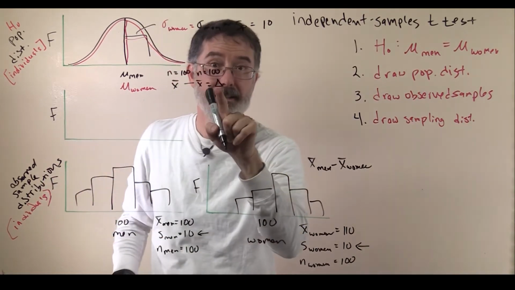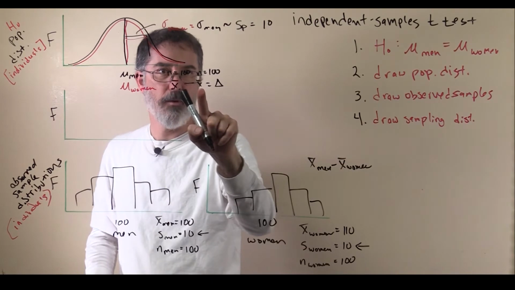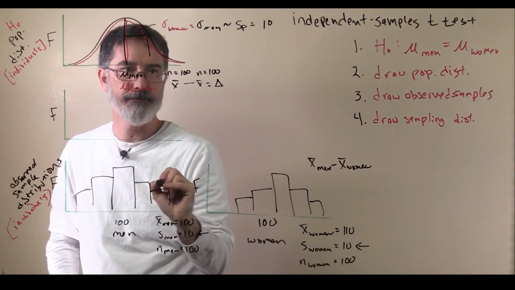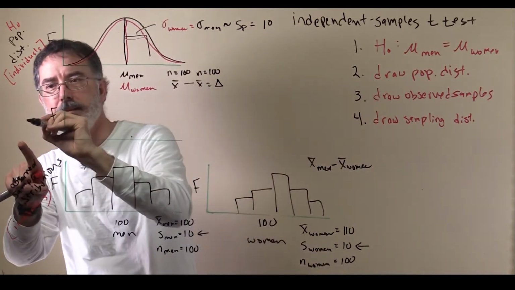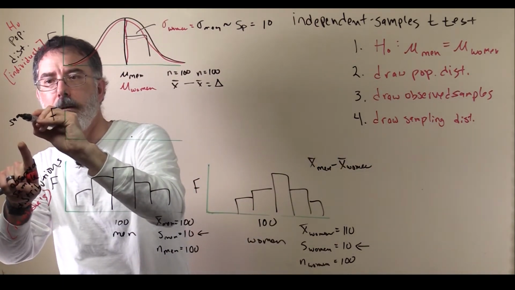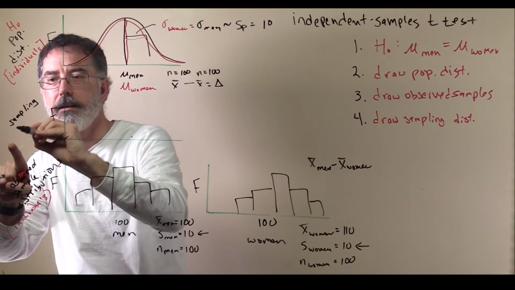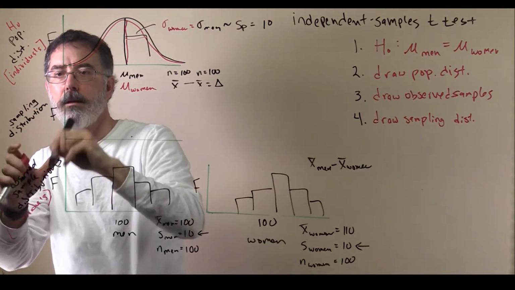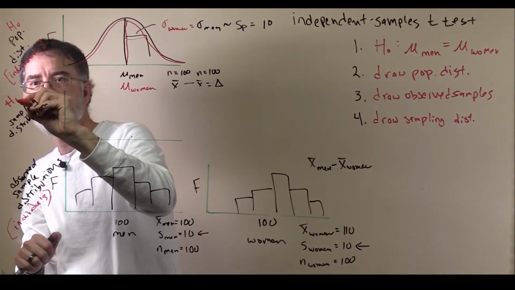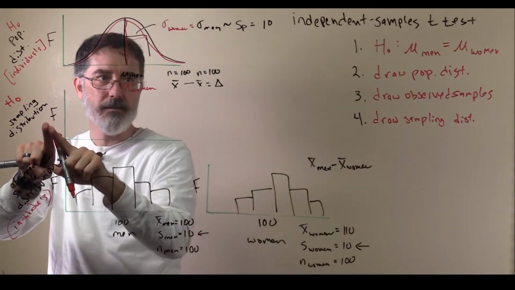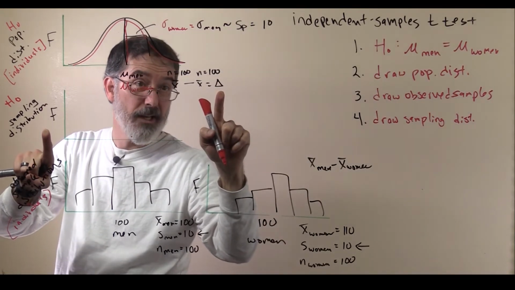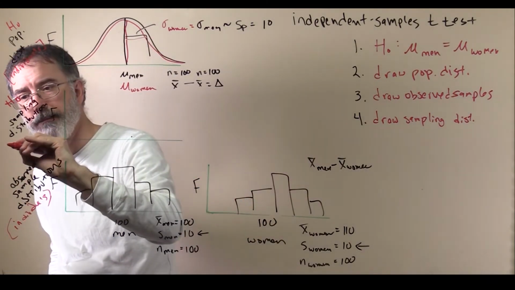So this is the resulting difference score from subtracting the women's mean from the men's mean. And it's that difference score that's going to go down here. All right, so this is the sampling distribution if the null hypothesis is true, and this is a frequency distribution of these differences between sample means.